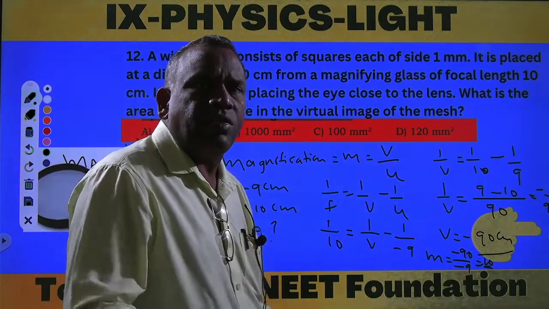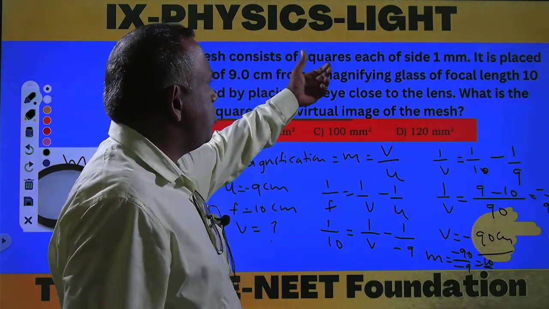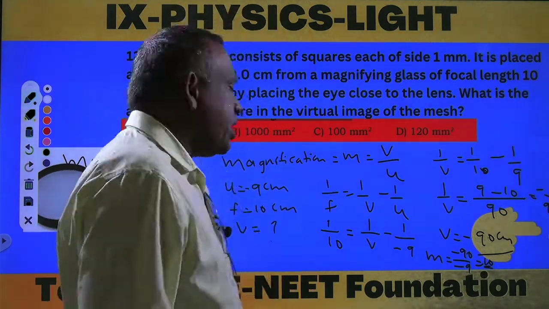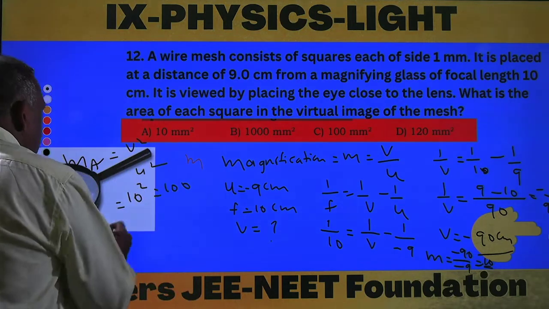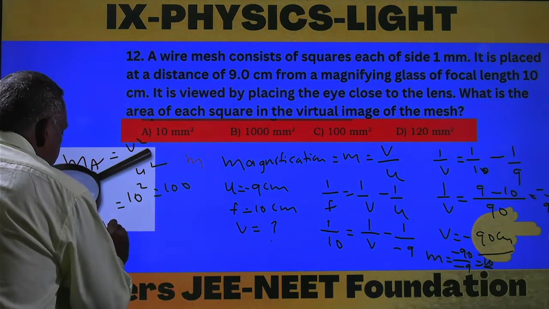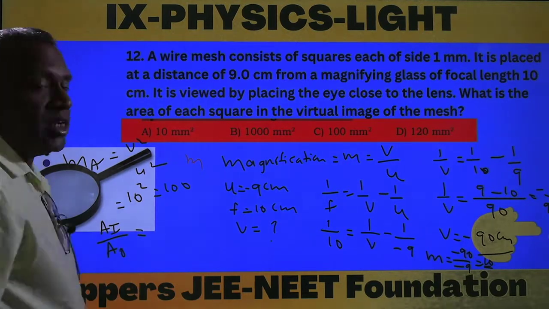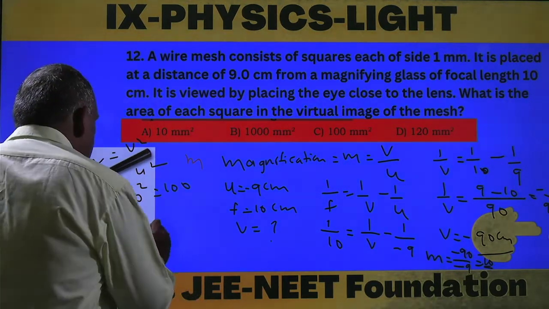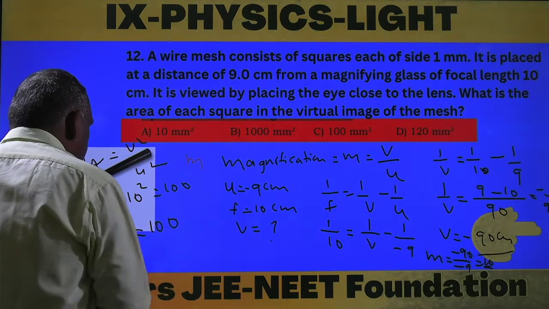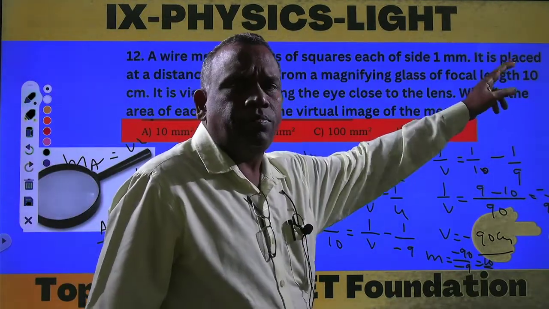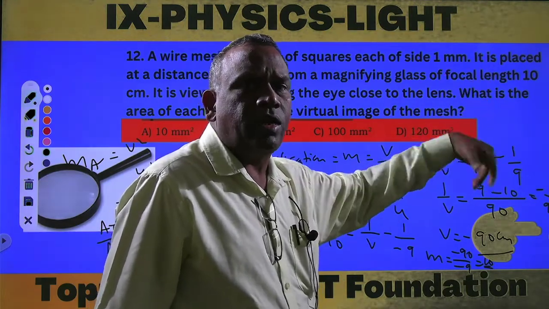The object is here a square. Area of image by area of object, this is the formula for areal magnification, that equals 100 here. The side of the square is 1 mm, so the area of the object becomes 1 mm square.